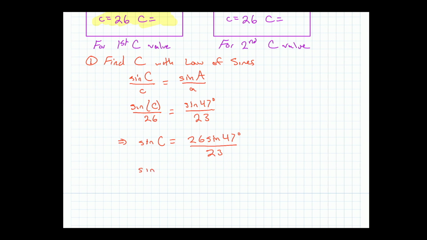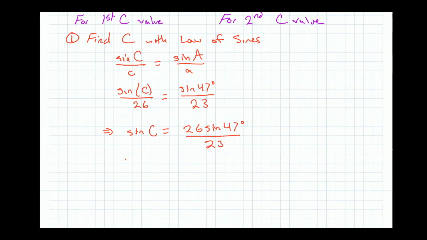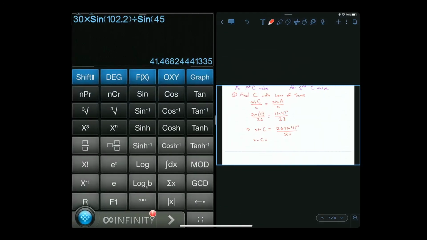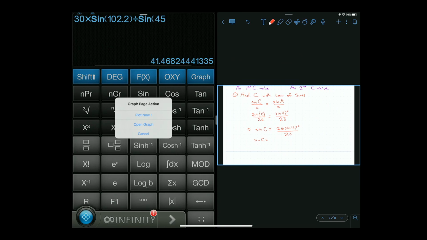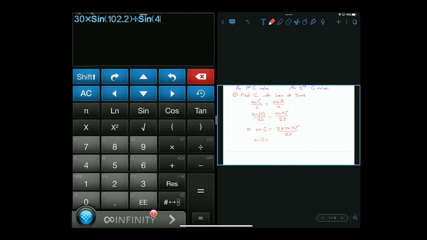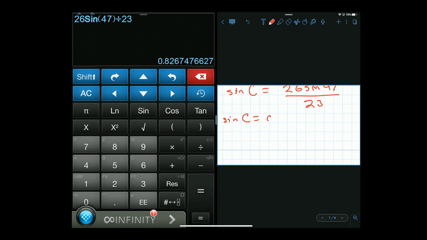So we have sine C is, well, we've got to calculate it. All right, so let us calculate that. (26 sine 47 over 23). Go. 0.8267.